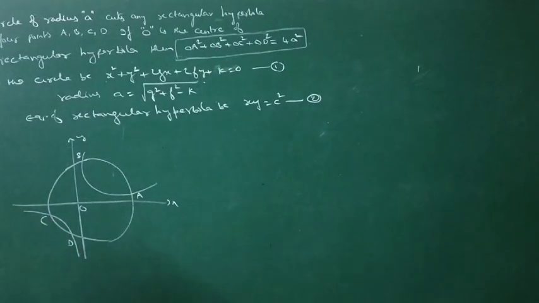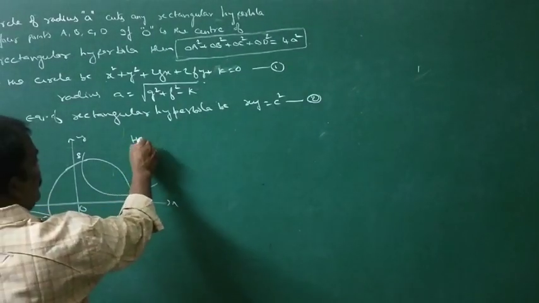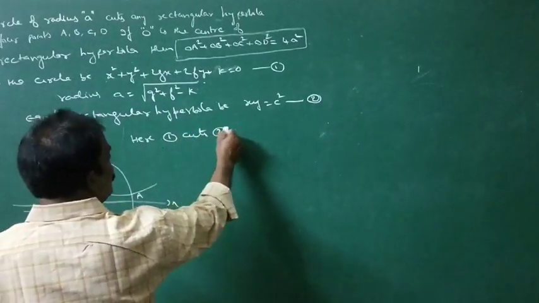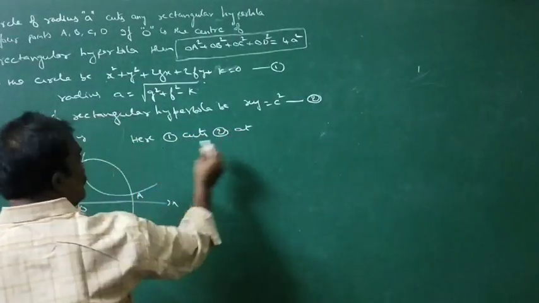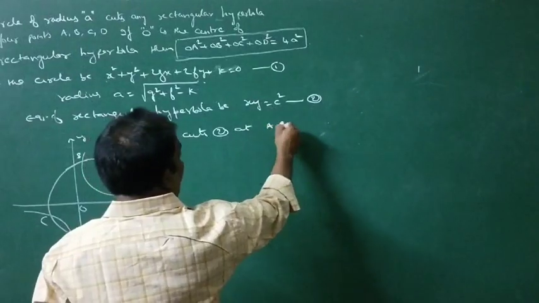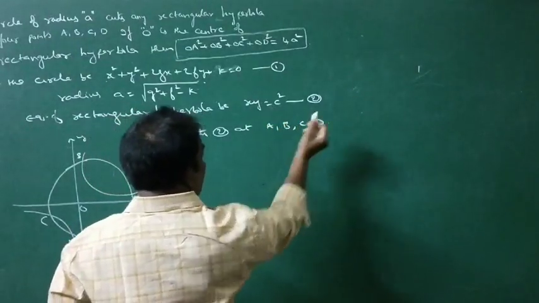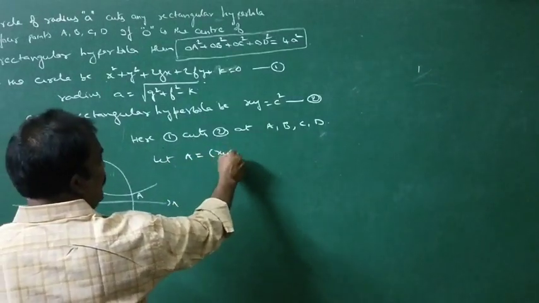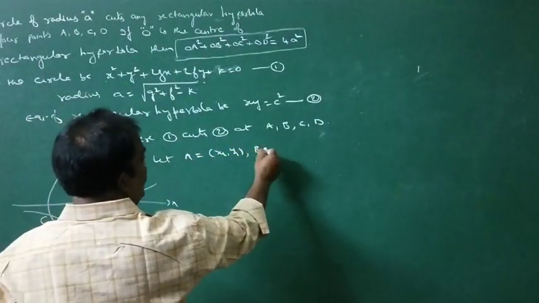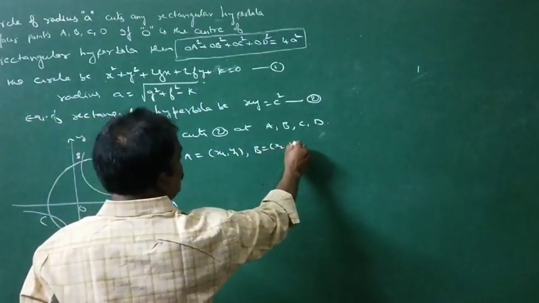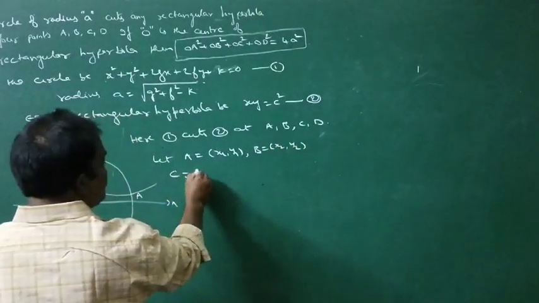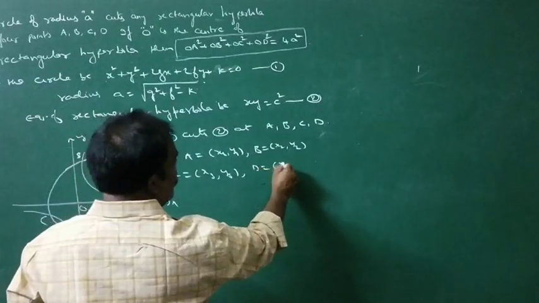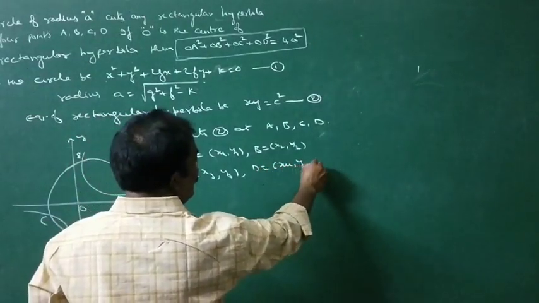Okay. Now here 1 cuts 2 at A, B, C, D. Let A equal to (x1, y1), B equal to (x2, y2), C equal to (x3, y3), D equal to (x4, y4).